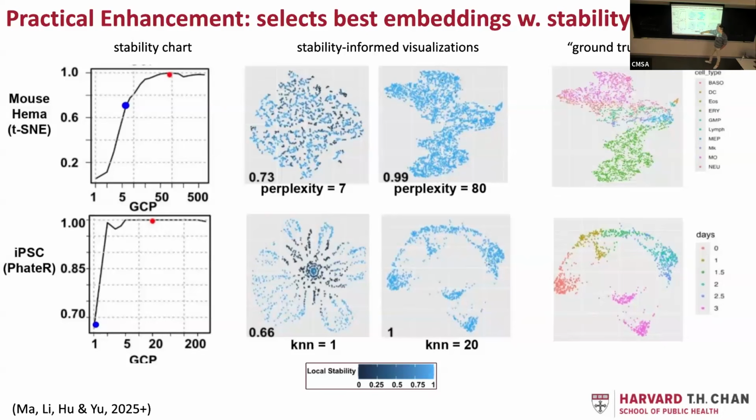But this stability parameter can be both global and local. Basically, for each point, across different iterations, how stable its neighborhood is. So we can have a point-wise score for your low dimensional embedding. So even if you just visualize a good embedding, you can still have an evaluation of which part is more reliable, which part the algorithm struggles with.